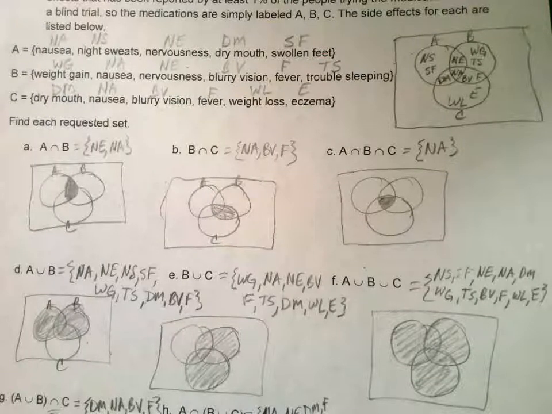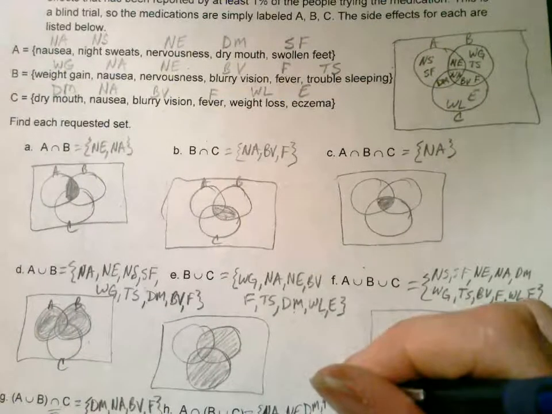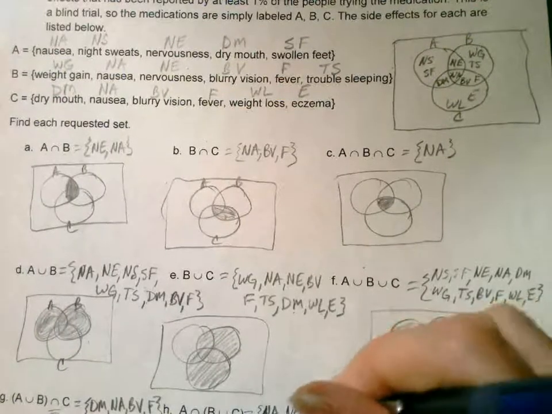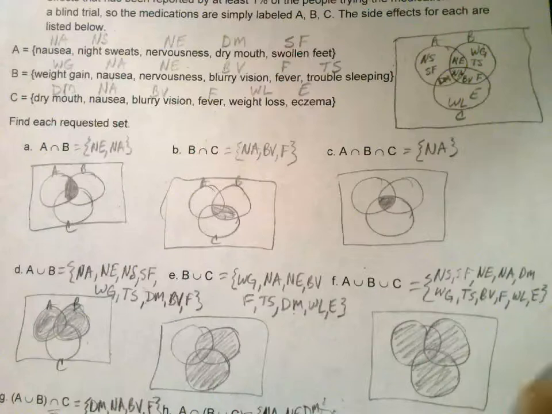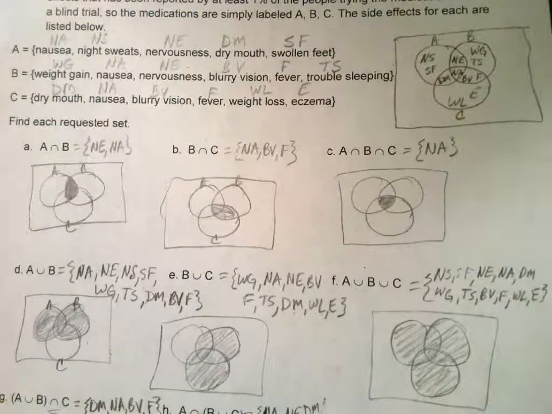Fever? Just double check. No, not fever. Because fever's over here. Let me double check this. B and C together, and A is not there, so it's not an intersection with A. The fever is not an intersection with A. So just 1, 2, 3, just 3.